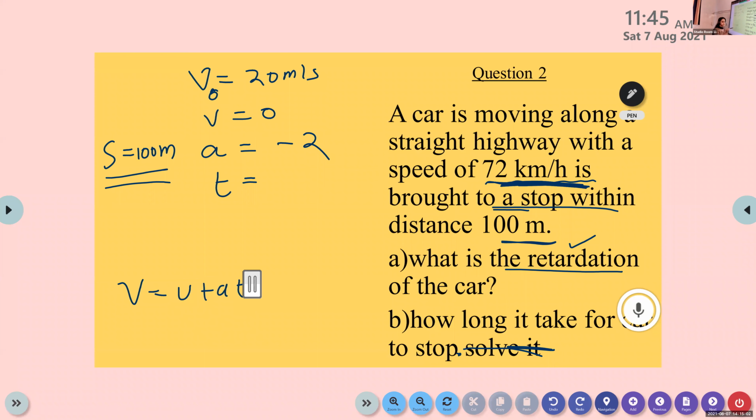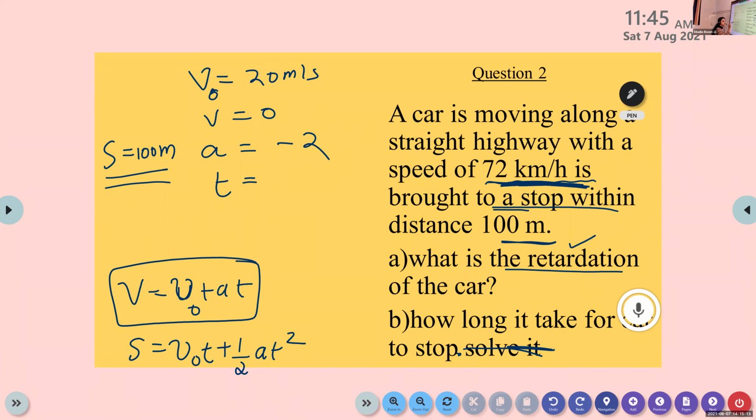Either we can use v is equal to u0 plus at, or s is equal to u0 t plus half at square. But I think it is better to choose the first equation of motion. We can directly substitute all the values, whereas with the distance value it needs rearrangement and all.